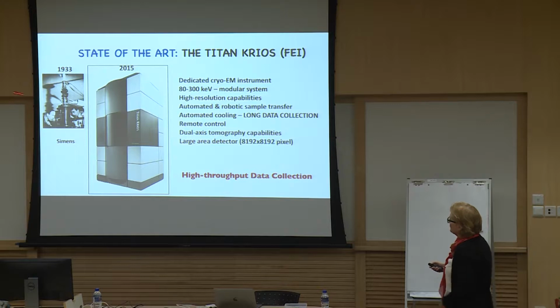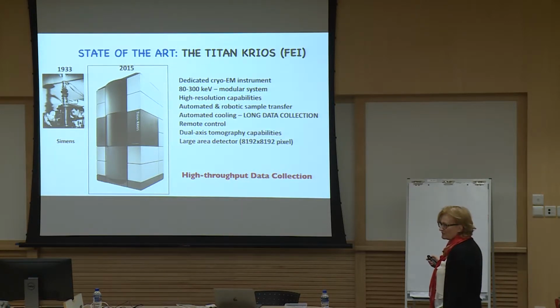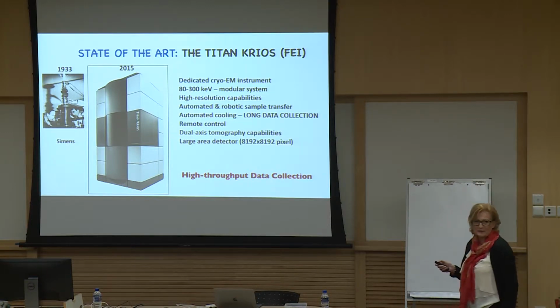So this is a microscope in 1933. Siemens, it looks like an electron microscope. We now have this wonderful microscope from FEI, who were bought up by Thermo Fisher last year. And we already noticed the decline in service. I think Thermo Fisher is interested in selling rather than actually building microscopes that work.